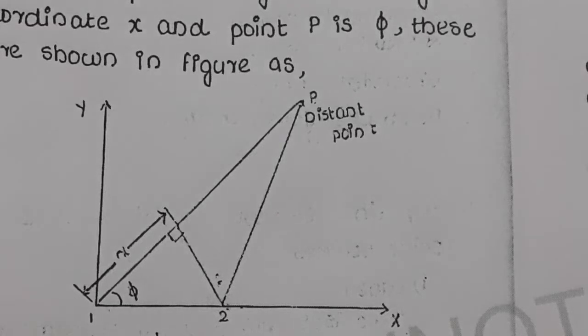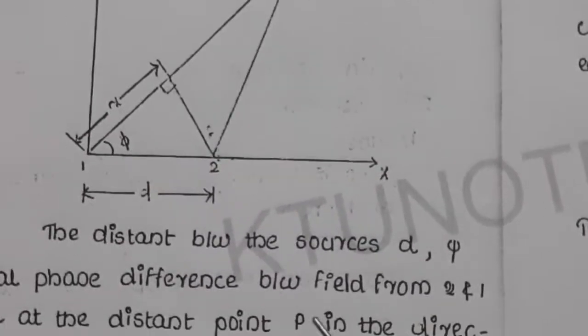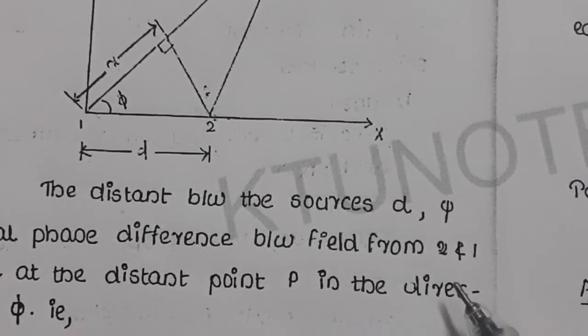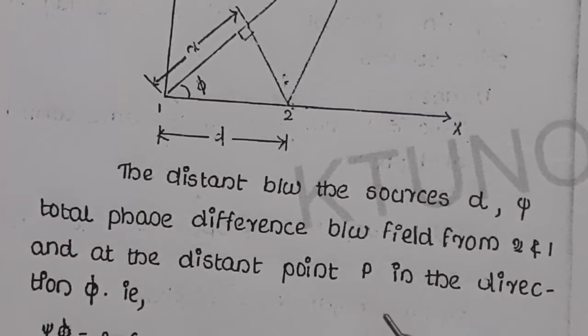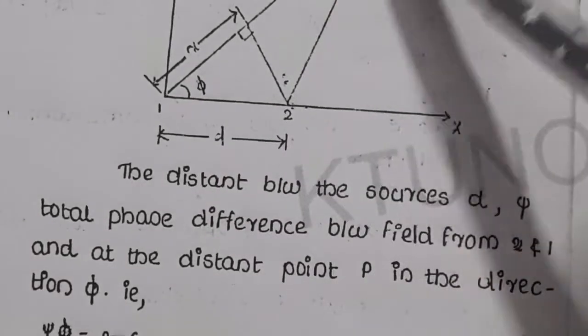The distance between the 2 point sources is d, and psi is the total phase difference of the 2 fields from point 2 to point 1, at the distant point P in the direction of phi.